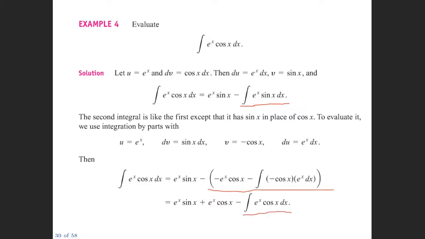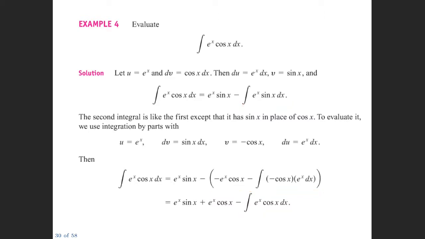And we end up with another integral of e to the power x cos x dx.